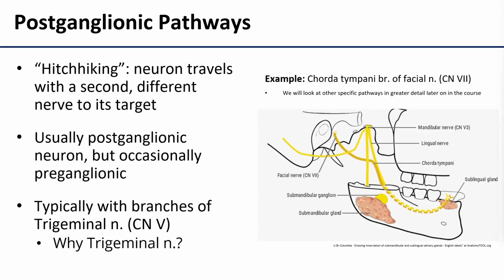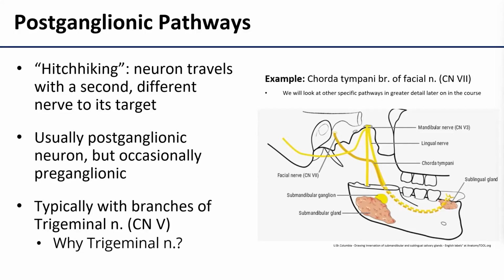So what nerves are these hitchhikers traveling with and why do they pick them? Well, typically they run with branches of the trigeminal nerve. And this is because trigeminal branches go literally everywhere in the head. So remember that the trigeminal nerve provides somatic sensory innervation to the face and most of the head. Anywhere that you touch on your face has a branch of the trigeminal nerve serving it.